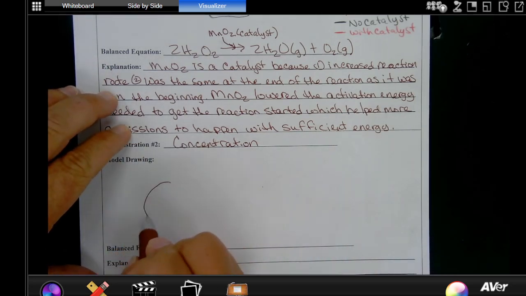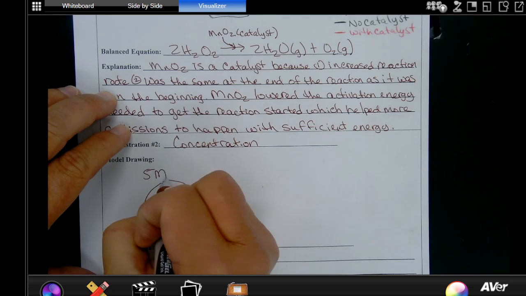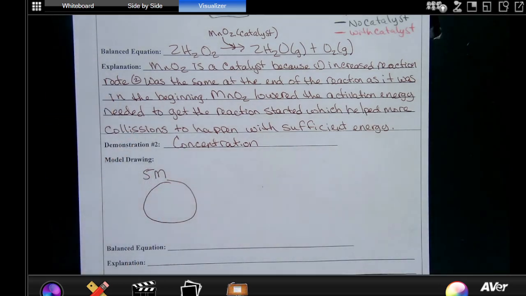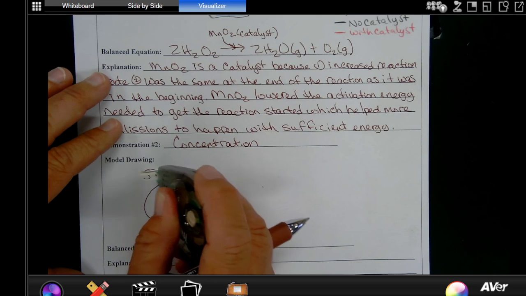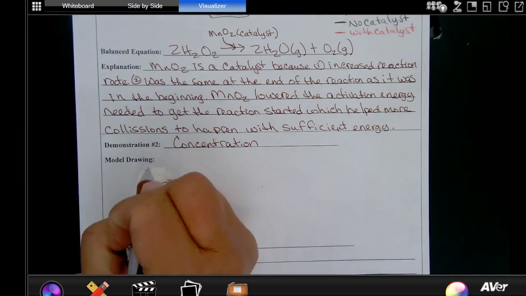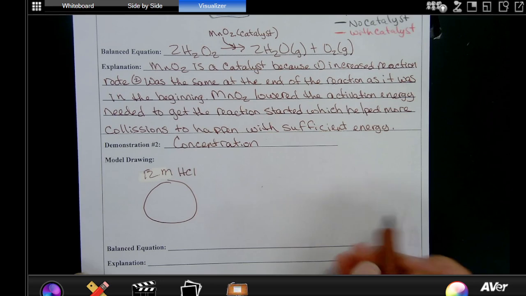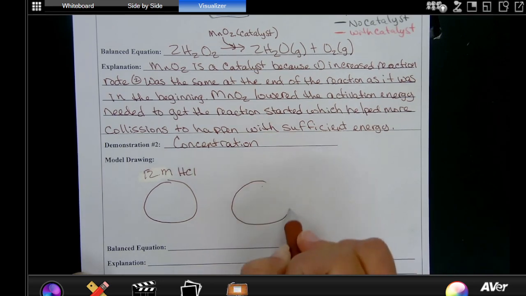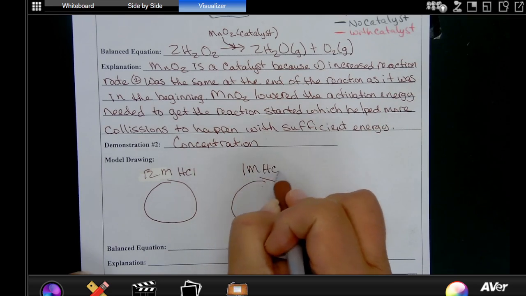One bowl will have a 5 molar, or sorry, I keep thinking 5 because I was making 5 for something else. 12 molar hydrochloric acid. The other bowl will have a 1 molar hydrochloric acid.